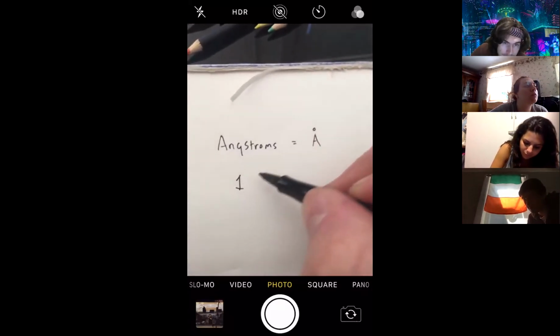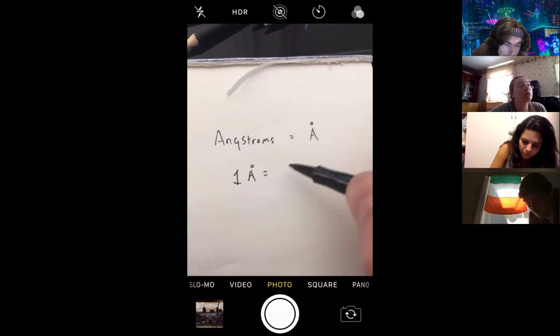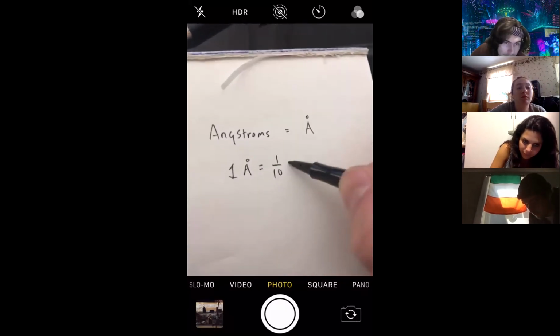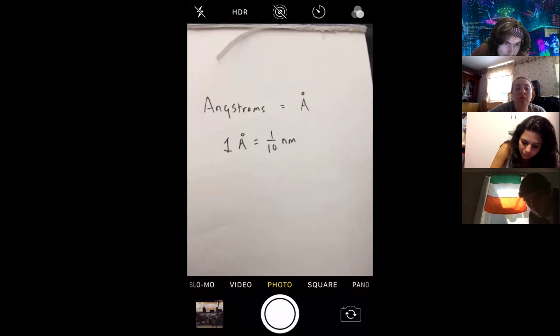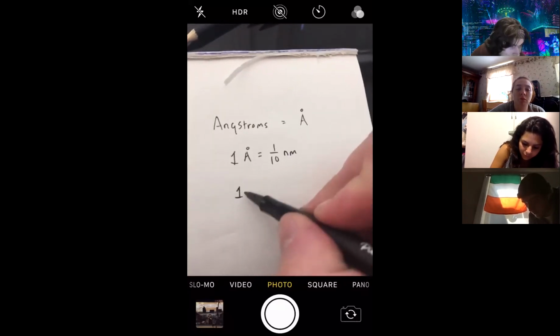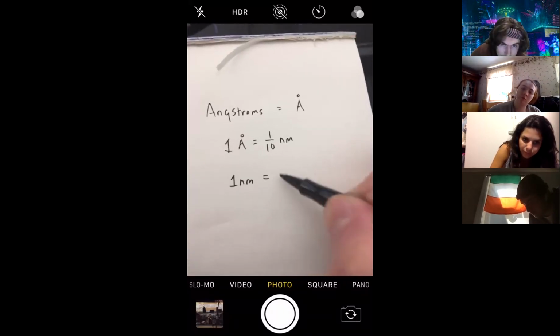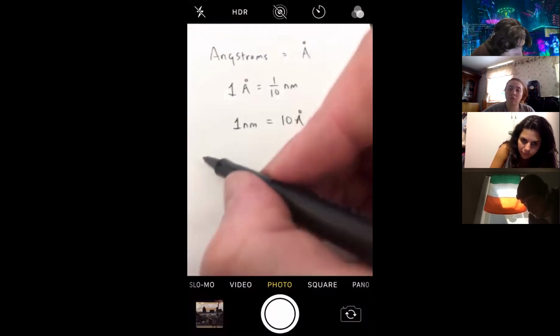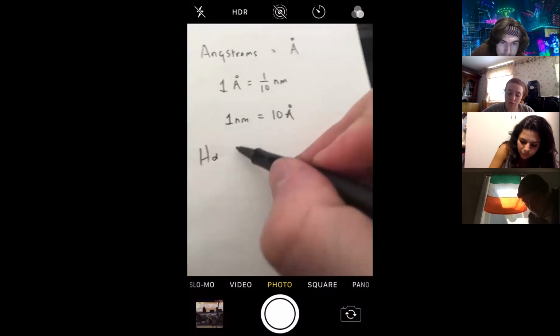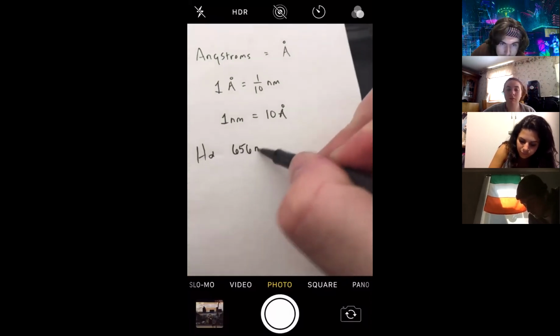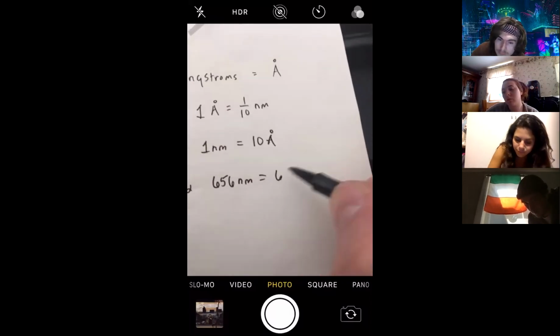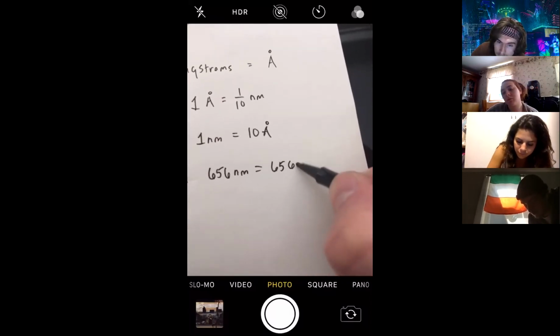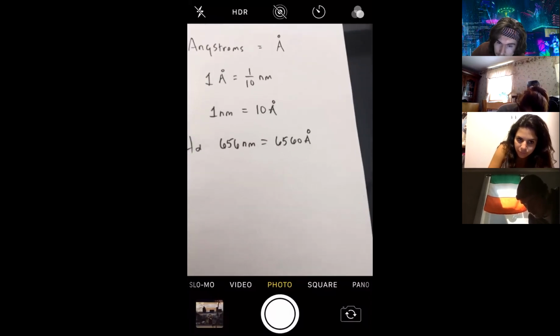And 1 angstrom is 1/10 of a nanometer, or in other words, 1 nanometer is 10 angstroms. For instance, when we record hydrogen alpha, 656 nanometers, to convert that to angstroms, we just need to add a 0: 6560 angstroms. That's not too hard, right?